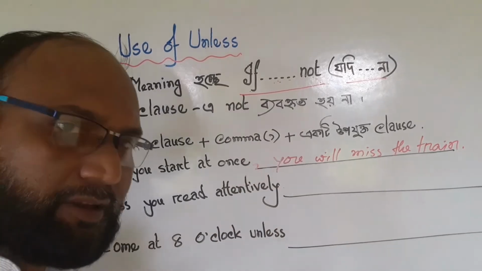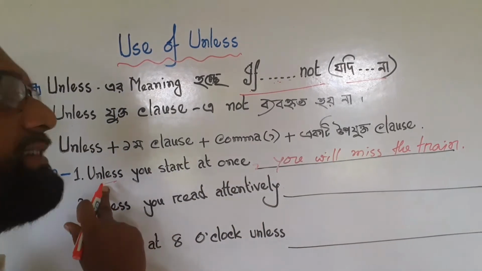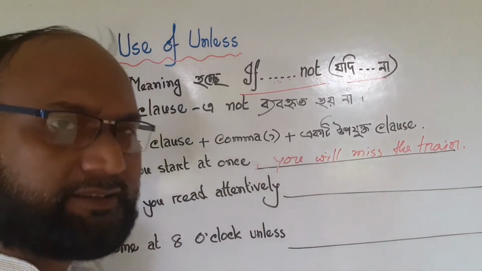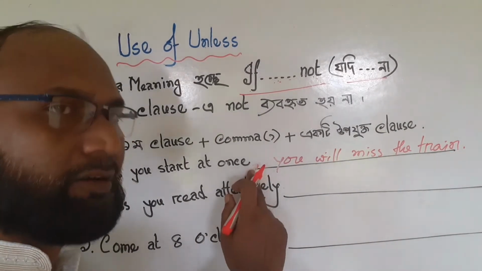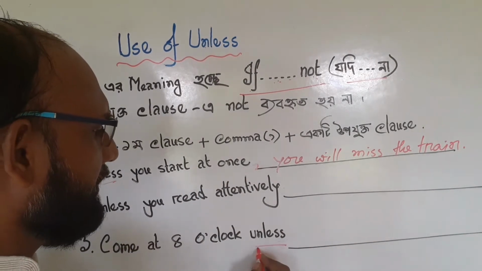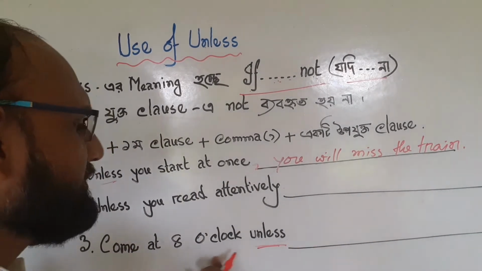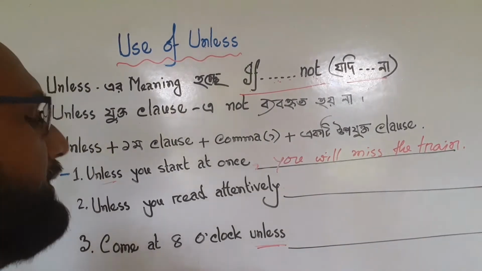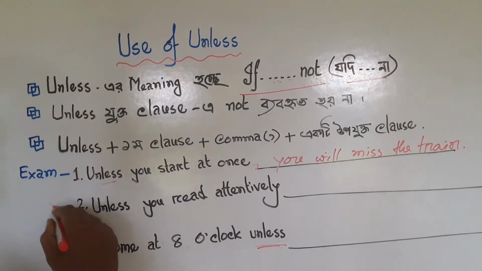Bear in mind, if unless sits at the beginning of the sentence, we will use a comma between the two sentences. If unless is used between the two sentences, we will not use any comma.